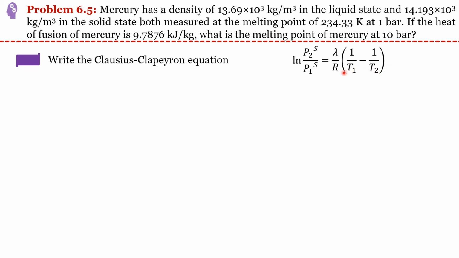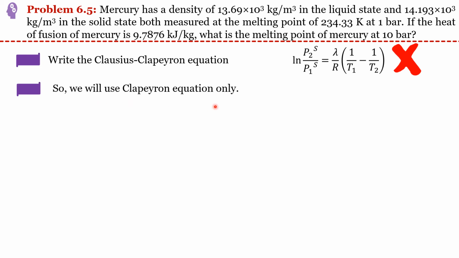Here lambda is the latent heat of vaporization, but in the problem the heat of fusion of mercury is given, along with the volume of mercury in the liquid and solid states. The volume in the vapor state is not known, so we cannot use this equation. We will use only the Clapeyron equation.